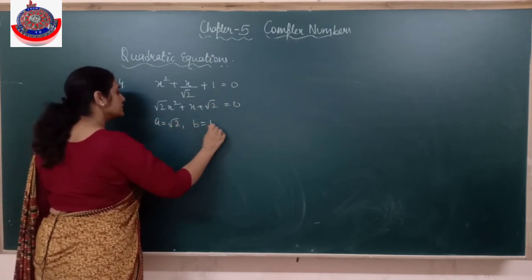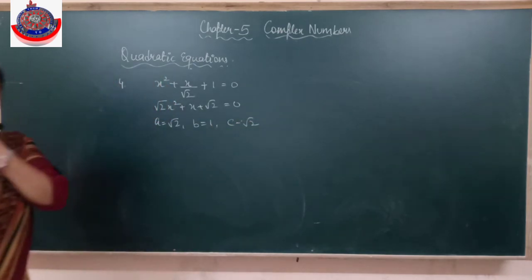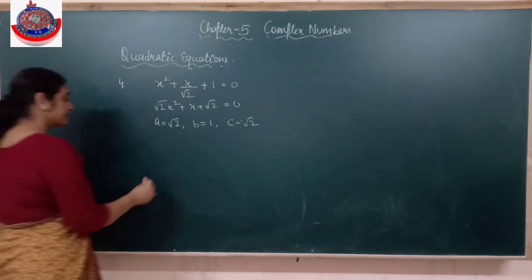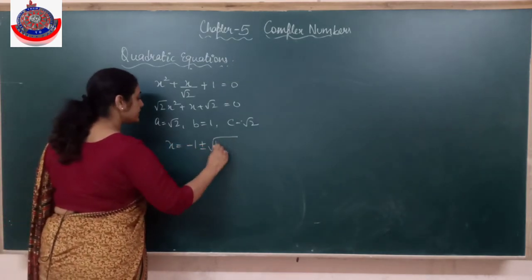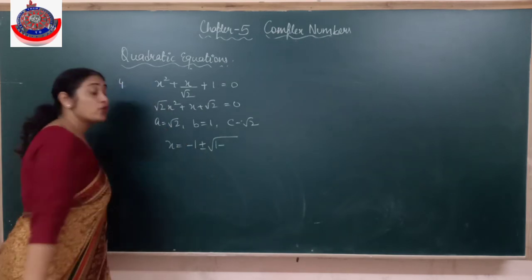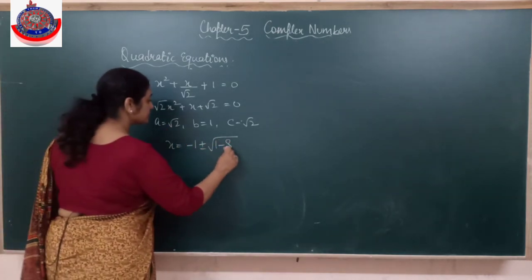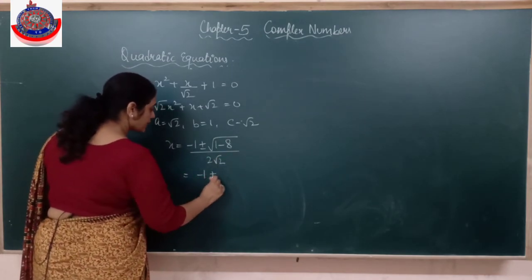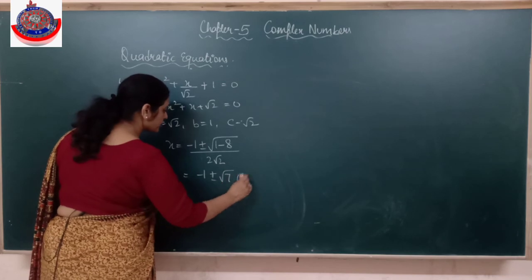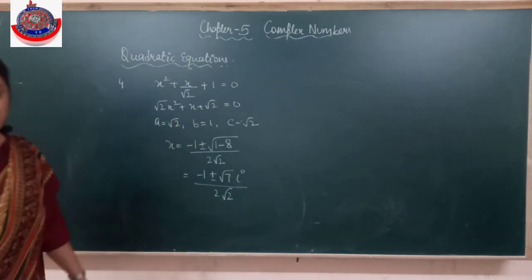What is B? Alright, find out. Minus B plus minus under root b square minus 4ac. 4 into root 2 into root 2, 2 into 4, 8. By 2a. So under root minus 7, iota will go out. So that's my answer. Is it clear?